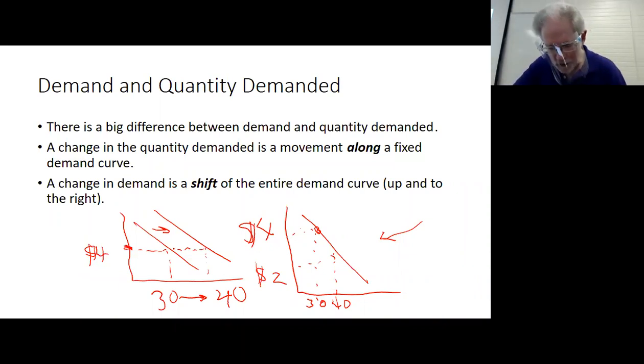That's an illustration of the law of demand. And the same thing holds for supply and quantity supplied. If you have a change in the price of gas, the supply of gas will not change. The quantity supplied will change. Really important to have that clear in your mind, not just that you've memorized it, but you understand it.